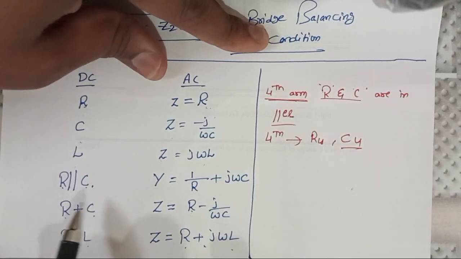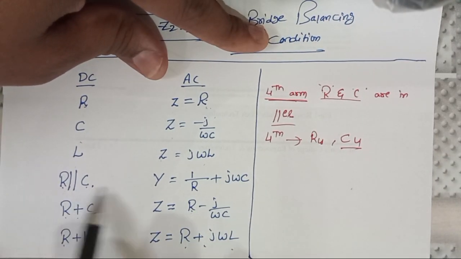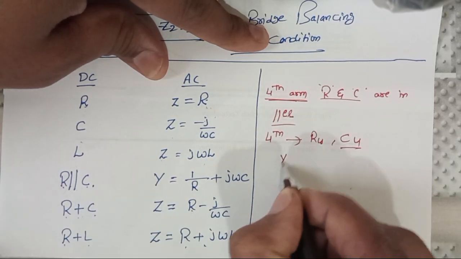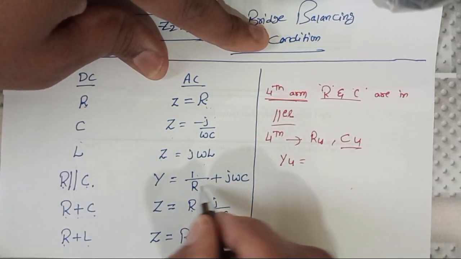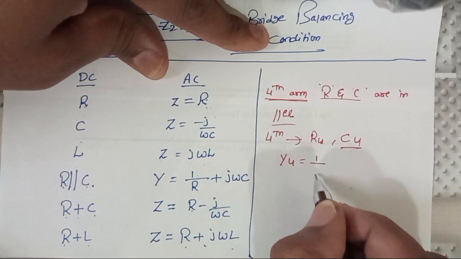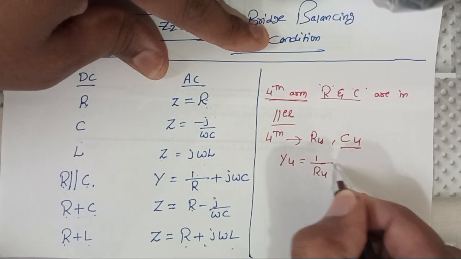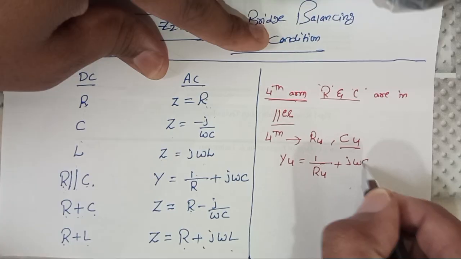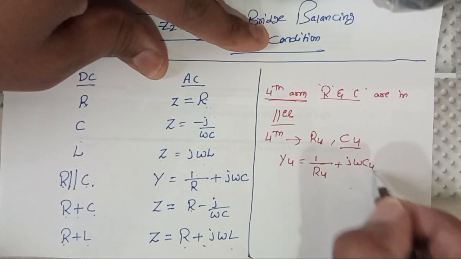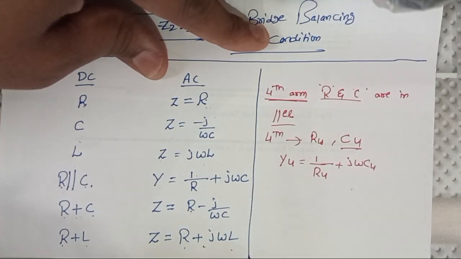Look at here, R and C are in parallel. So Y4 is equal to 1 by R4 plus j omega C4. Like that we have to represent.